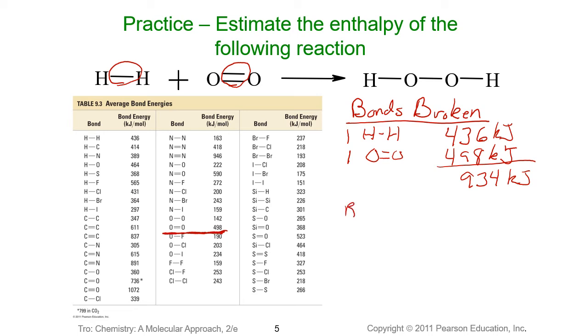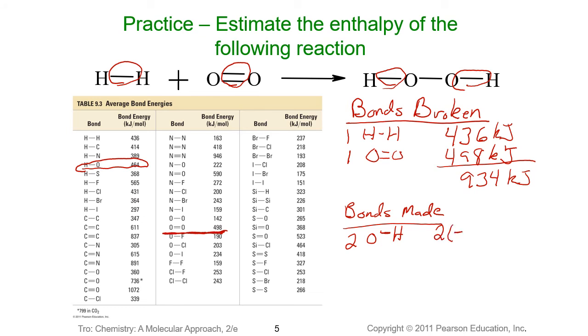Now the bonds that are made. We have 2 oxygen-hydrogen single bonds. If we look for oxygen-hydrogen, it's going to be 2 times, and because we're making them, it's negative, 464 kilojoules.